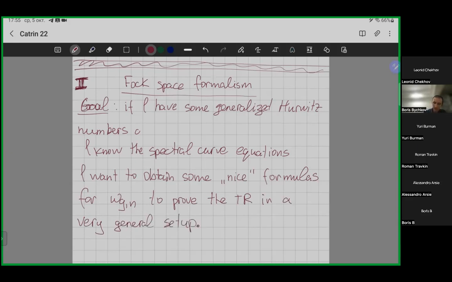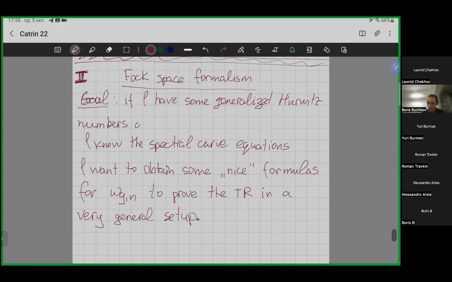And for this goal, it turns out that it's very useful to use this Fock space formalism. So yes, maybe I can set up this general setup and then we'll stop.